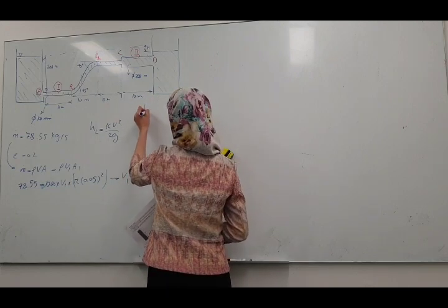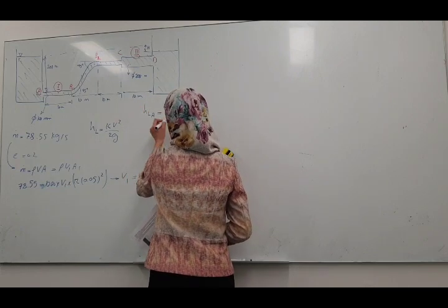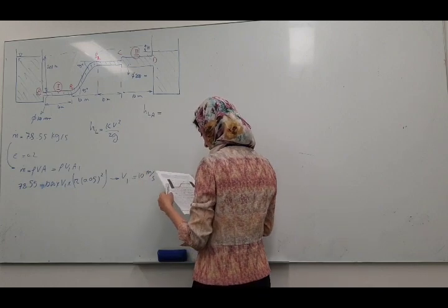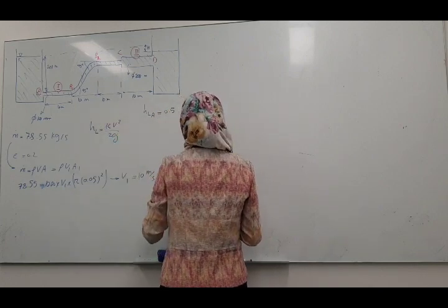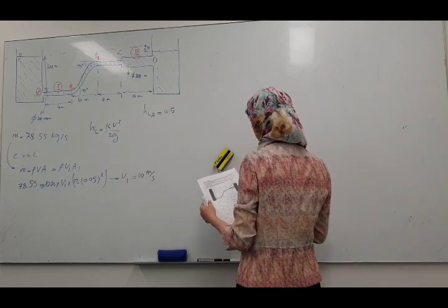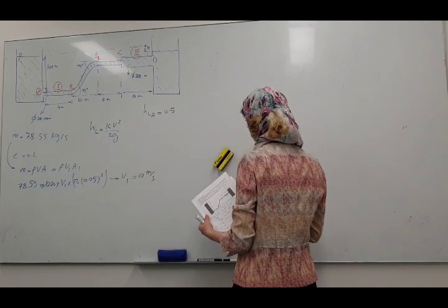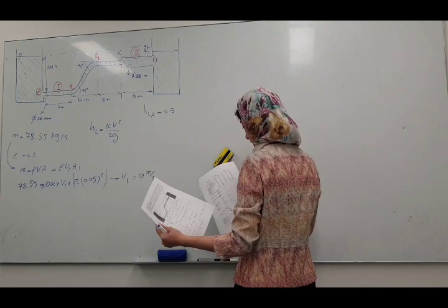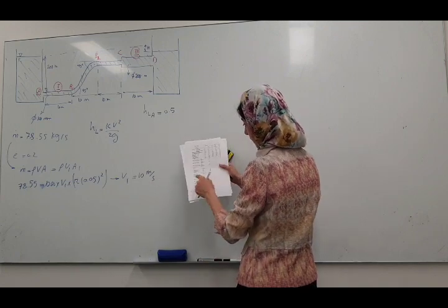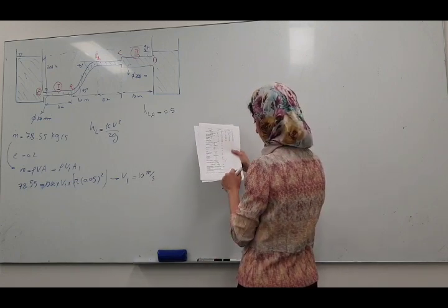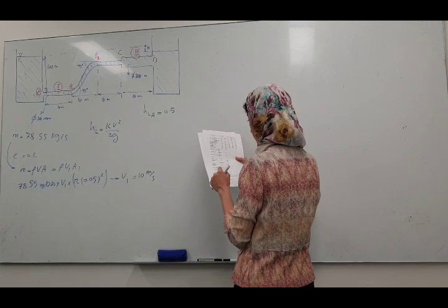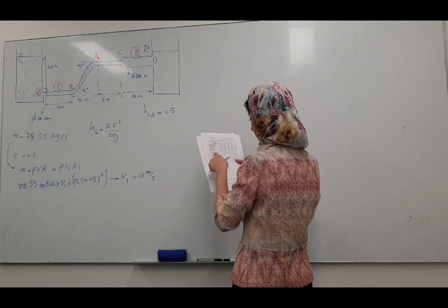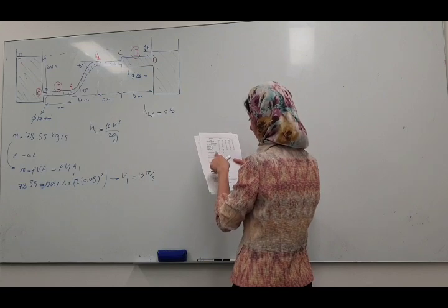So let's start with HL1A. The K factor will be 0.5. The type of entrance is important, and we are going to use the table in the textbook. This is page 316 from the Potter textbook, and we have three values for the entrance.